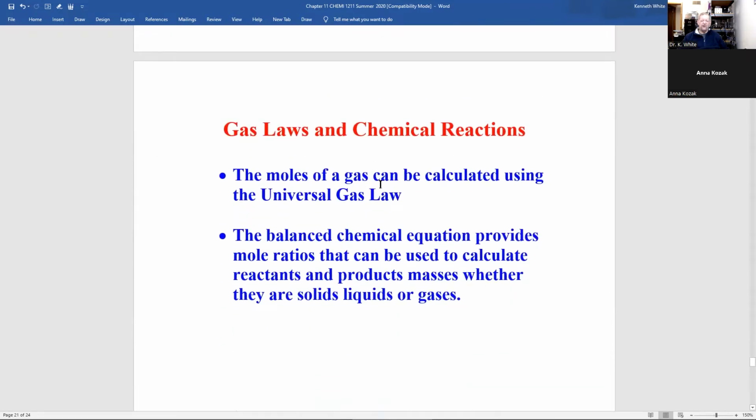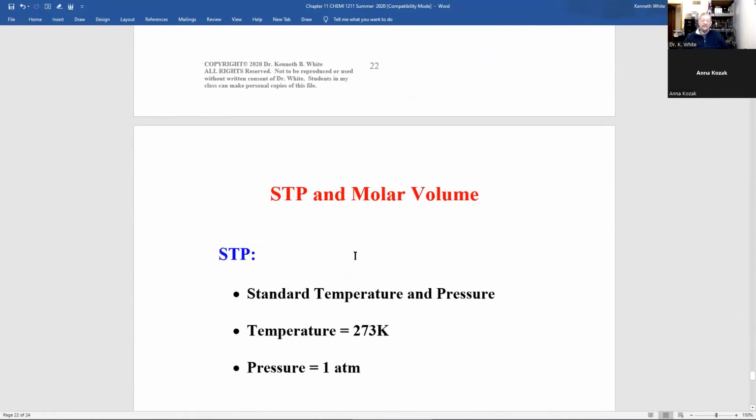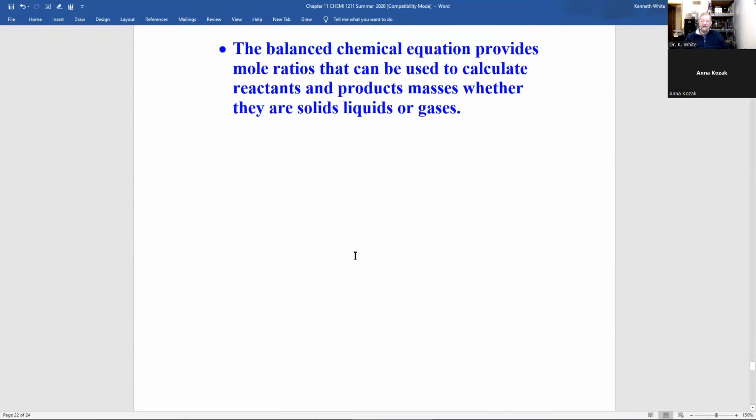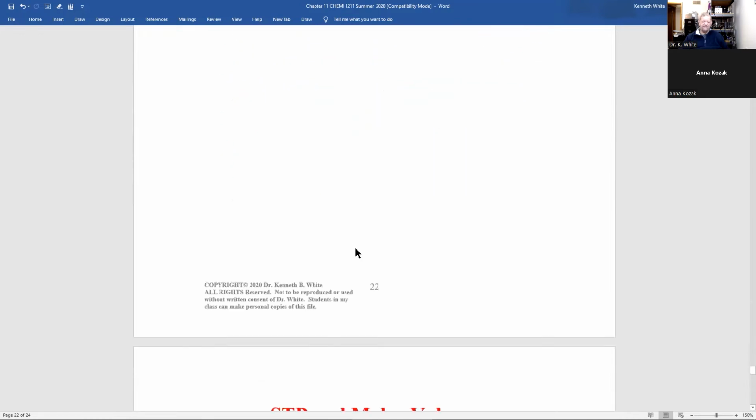Now, switch is still off. The moles of a gas can be calculated using the universal gas law. We just did that. And balanced chemical equations we showed from test number 1 provide molar ratios. So you can use this to do calculations when products are gases.